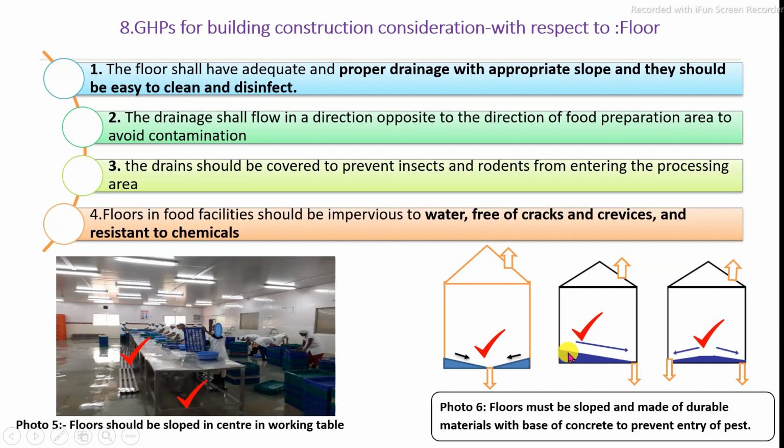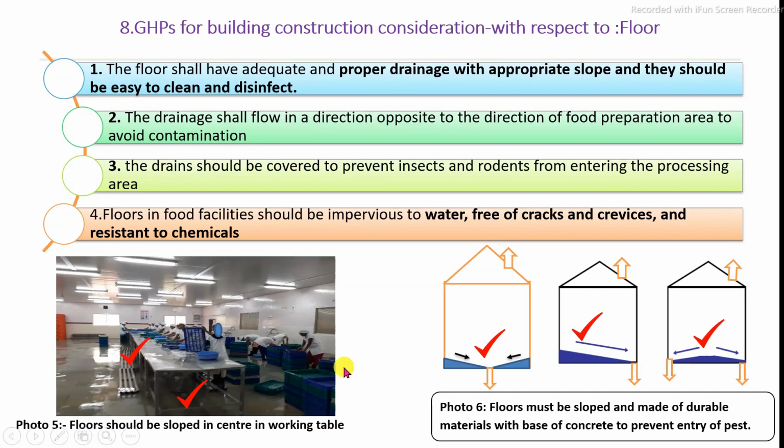In this way, we can use any type of properly sloped system to drain out the internal wash-out liquid. The internal drainage system is properly required to be covered. Then the internal flooring system should be smooth, with no cracks in the floorings.